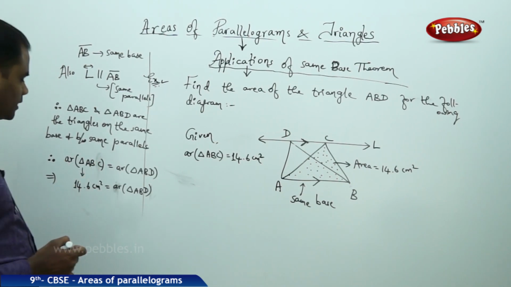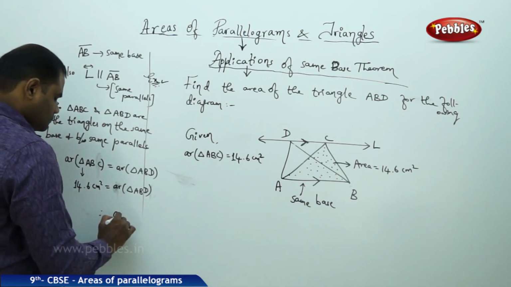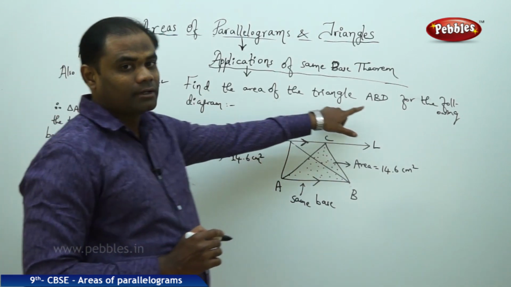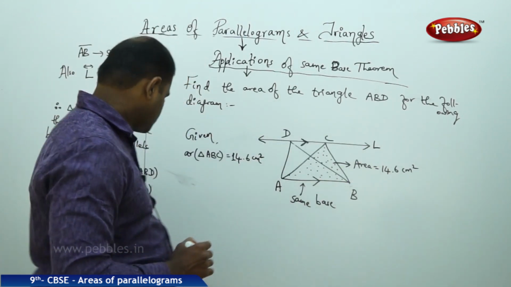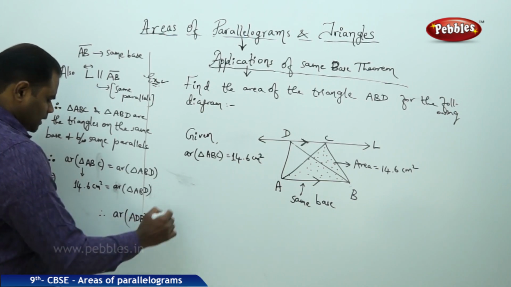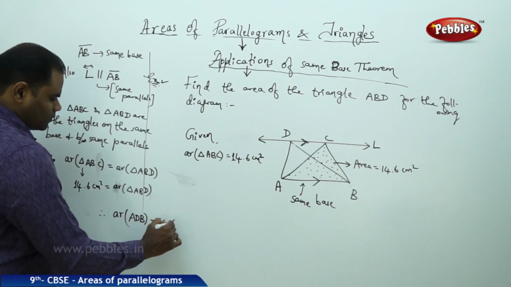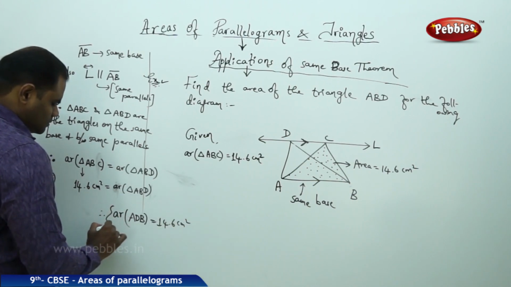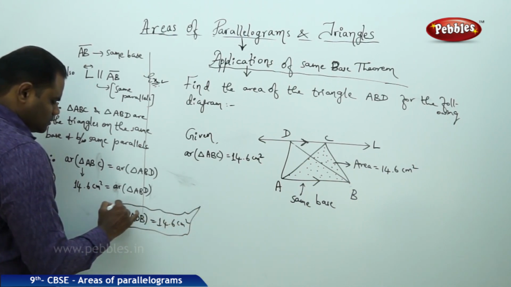Therefore, the question asks to find the area of triangle ABD, and triangle ADB has the area 14.6 centimeters square.